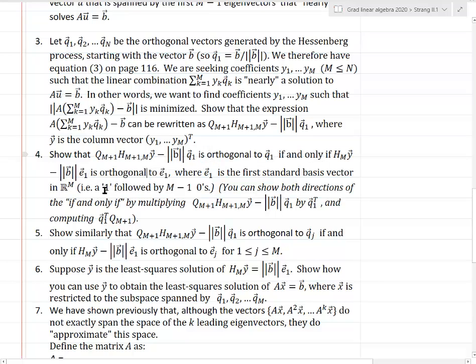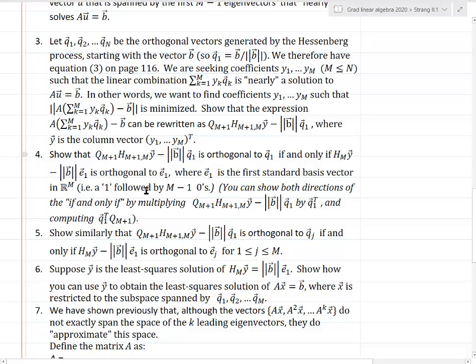This is the first step in a more general statement that I'm working up to, but you can see how it works by using orthogonality. Remember, these columns are m plus 1 orthogonal vectors. This q1 is actually the same as the first column here.